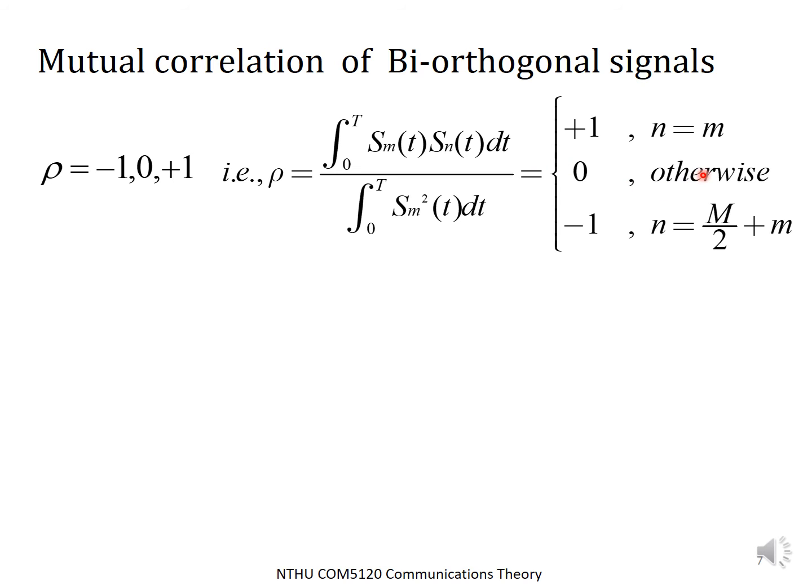If n is equal to half of M plus m, then that represents the mirror side of the symbol m, so the correlation coefficient would be -1.